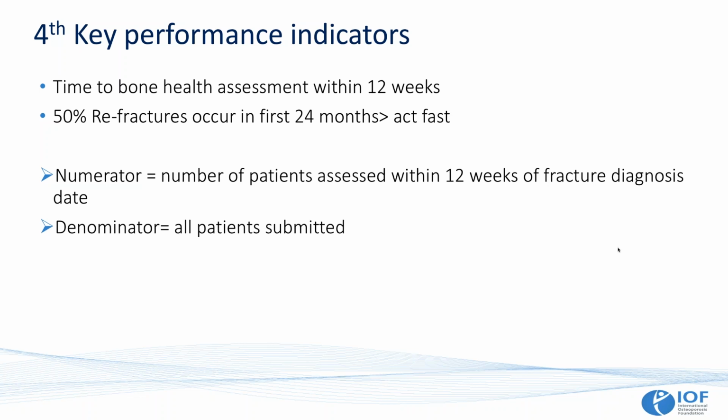And so the numerator is the number of patients assessed within 12 weeks from the time of fracture diagnosis. And that's quite challenging for some centers, but really if we want to prevent those imminent fractures, we have to get on with assessment quickly and design systems that can do that. And the denominator is all patients submitted.